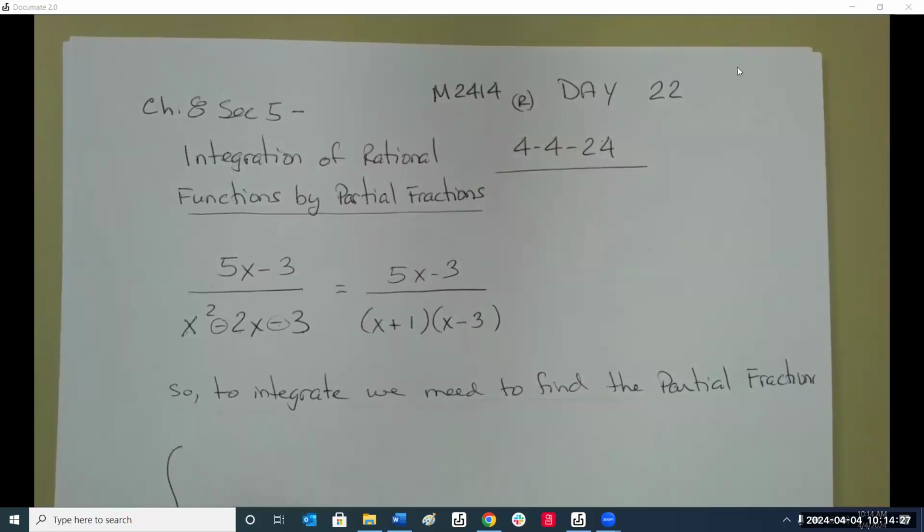So if we're going to integrate this, we have our equation.